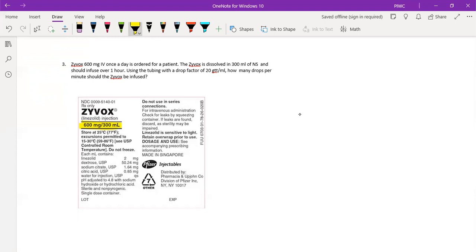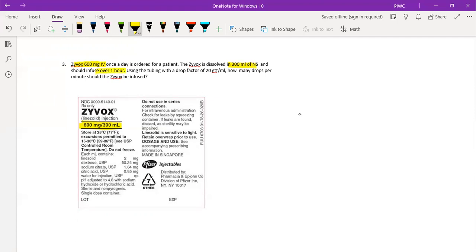So let's analyze the problem. You need 600 milligrams. That's the order for the Zivox, and it is dissolved in 300 ml of normal saline, and you're infusing that over 1 hour.